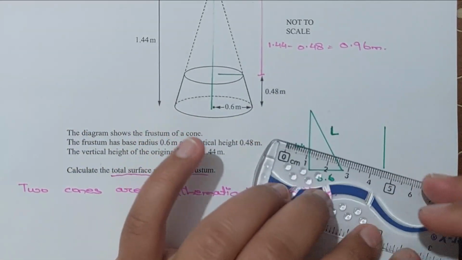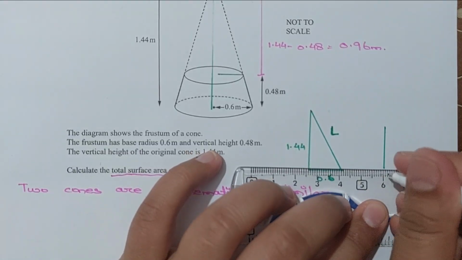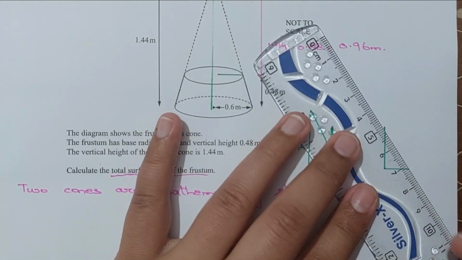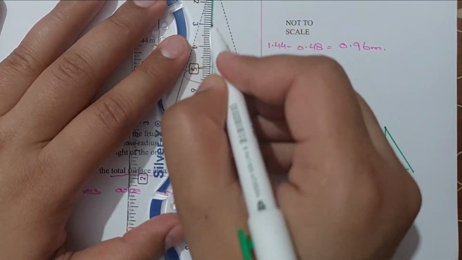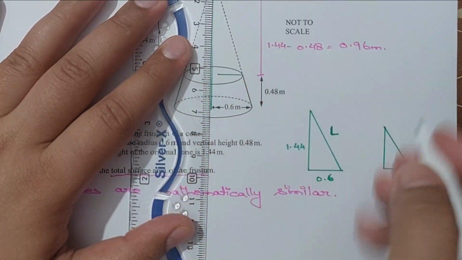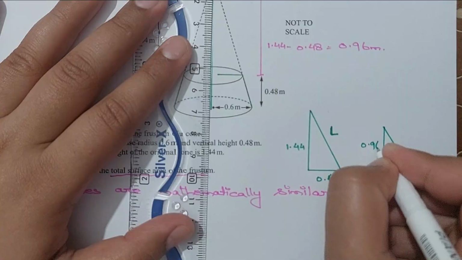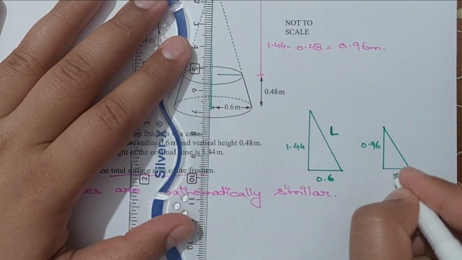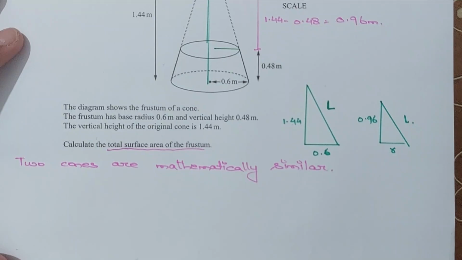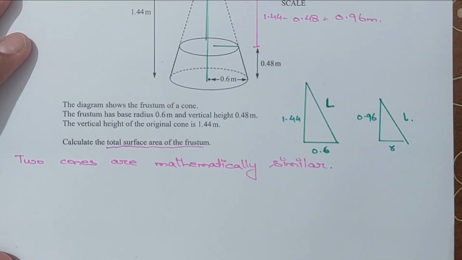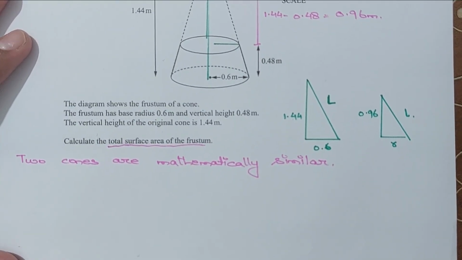Now for the smaller cone, the vertical height is 0.96, the radius is small r, and the slant height is small l, which we have to work out. All right, since the shapes are mathematically similar, the ratios of the corresponding sides are equal.